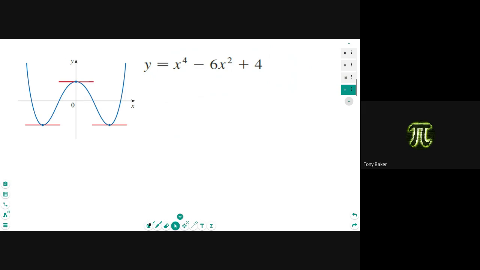How would I find the 3 points where I have a horizontal tangent? Yeah. So I find the derivative, right? And set it equal to 0. Because if the derivative is 0, I have a horizontal line, right? So let's take that equation, find my derivative of it first.